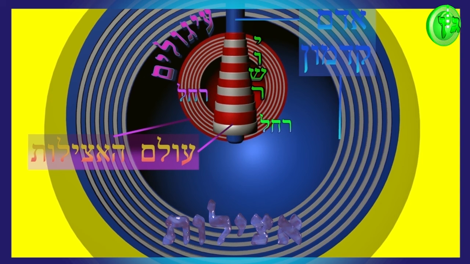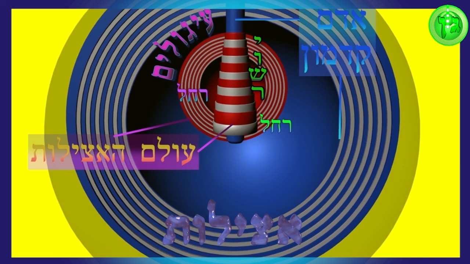We've already pointed out that in the realm of the circular Igulim, each and every lower circle is situated within the greater circular Igul. And this is why we find that all the circular Igulim of Olam Ha-Atzilut are situated within the circular Igulim of Adam Kadmon. As after all, Adam Kadmon is a greater world than Olam Ha-Atzilut.